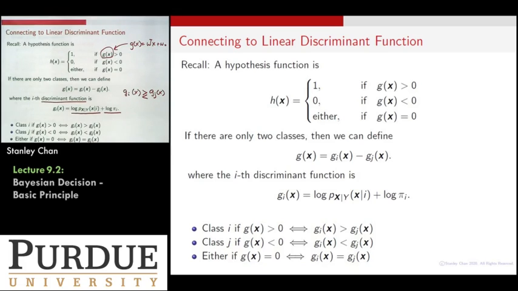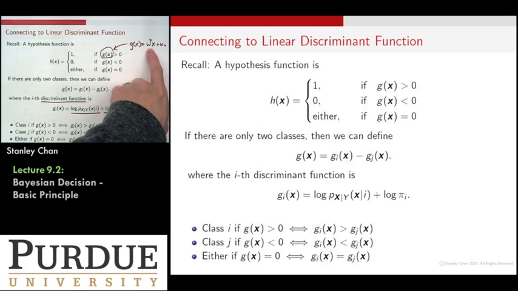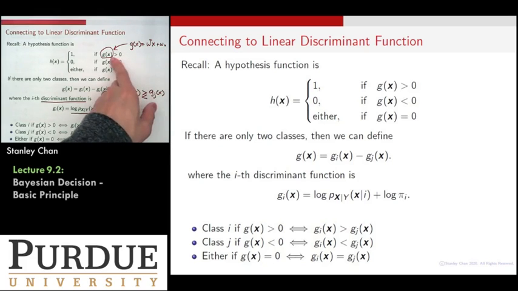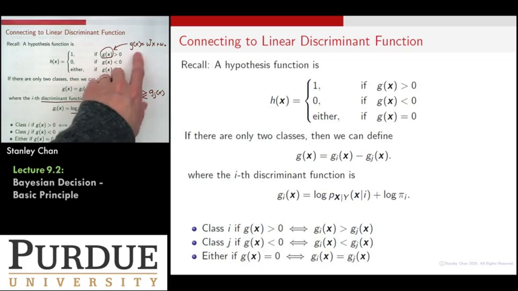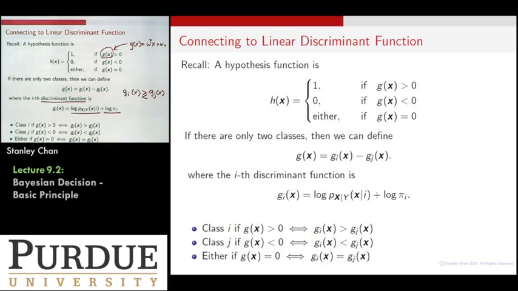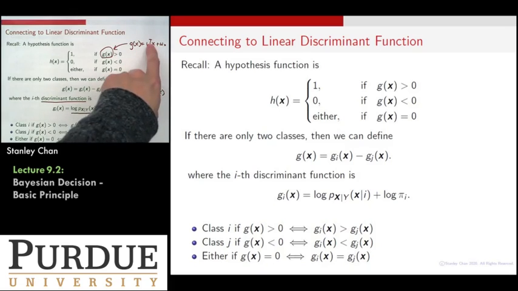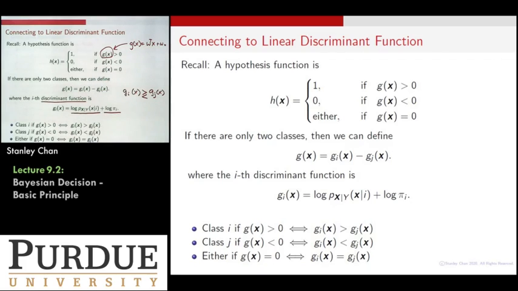So what is the linear classifier? The linear classifier will take this form. If this linear classifier evaluated at x is bigger than 0, so you're living on one side of the hyperplane, you will claim that this is class 1. Otherwise, you will claim that this is class 0. The w and w0, in principle, should be determined according to your mu's and your sigmas. Once I know the mu's and the sigmas, I should be able to define precisely w and w0. So that's the goal next.